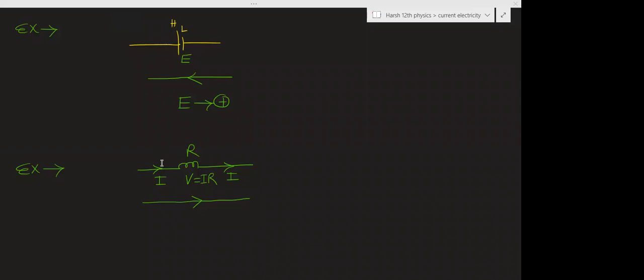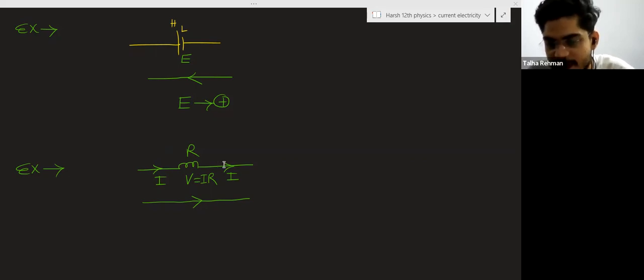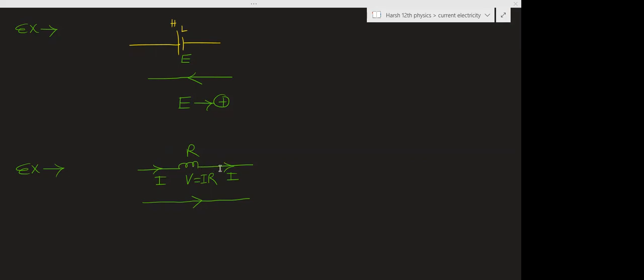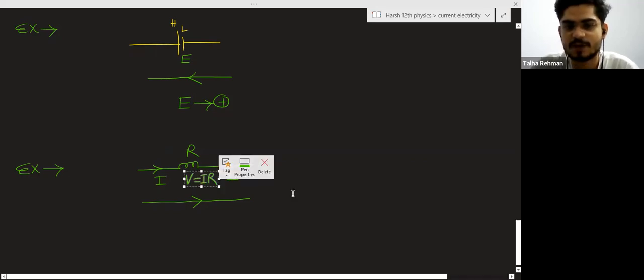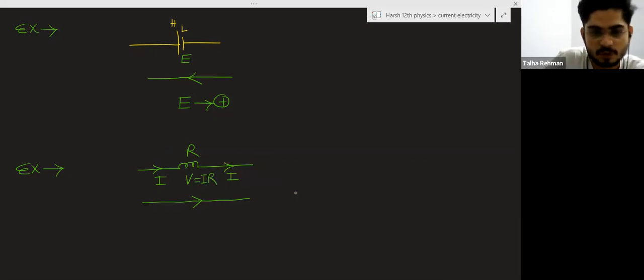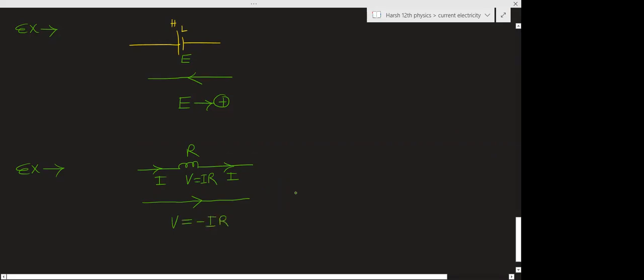So if we are moving in the direction of current, we are moving from higher potential to lower potential, which means the potential is decreasing, then you will take V is equal to IR as negative.